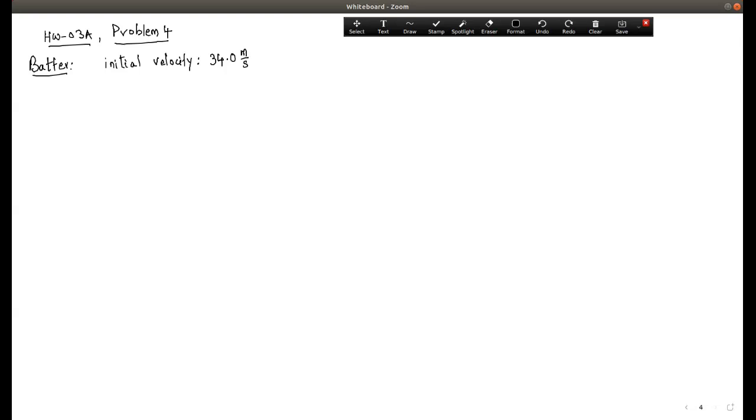So 34 is sufficient in here. Let me put that in red, meaning that this has changed from the problem. And let me also say the initial height, I'm going to change, is 1 meter.